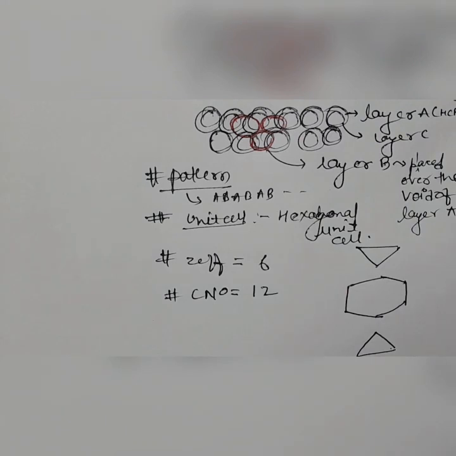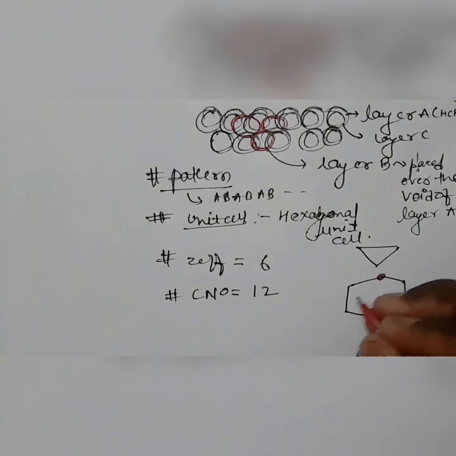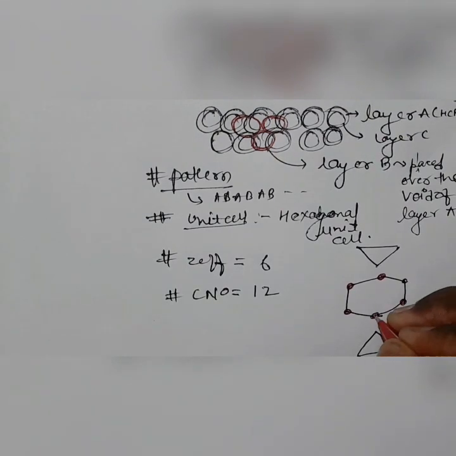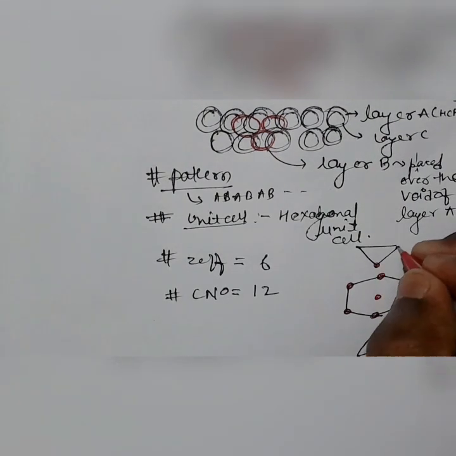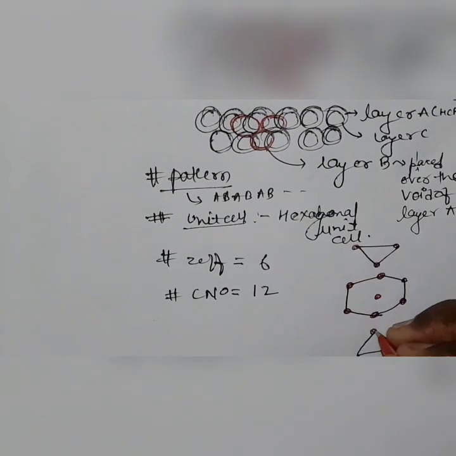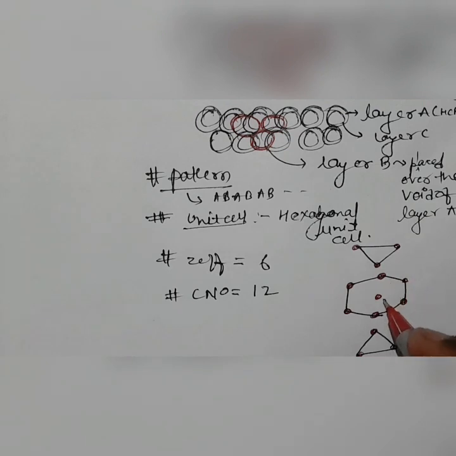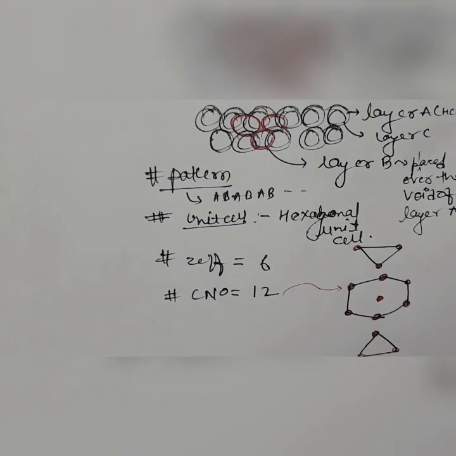So this is the place where the atoms are present. Now we can try to consider how many atoms are neighboring this atom. So 1 2 3 4 5 6 7 8 9 10 11 12, so 12 atoms are the neighbors of this atom. That's why its coordination number is 12.